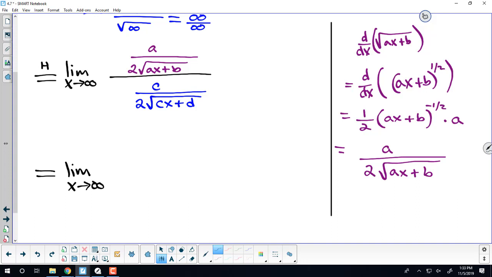Okay, the 2's will divide out. We've got two of these roots up top, c on the bottom. What are we left with? The square root of cx plus d over c times the square root of ax plus b. We pretty much just flip them. Do you all agree?